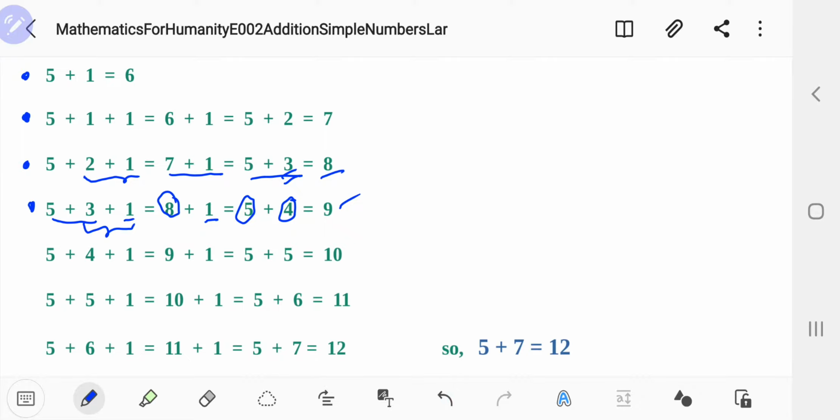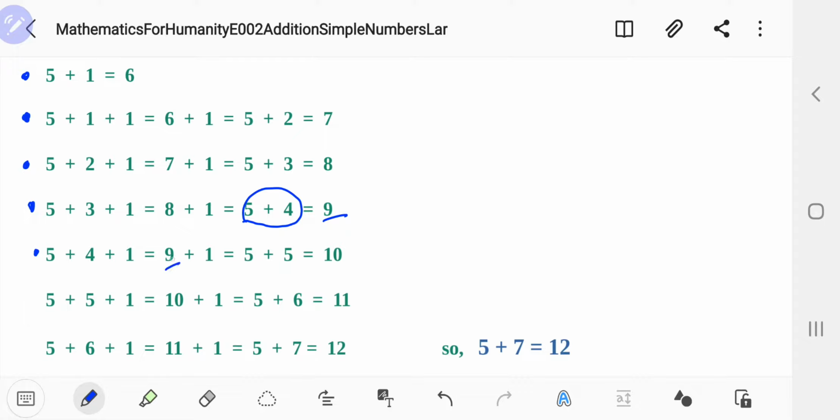Let's check the next statement. 5 plus 4 plus 1. What is 5 plus 4? 5 plus 4 is 9. So you can put a 9 here for 5 plus 4, plus 1 here.